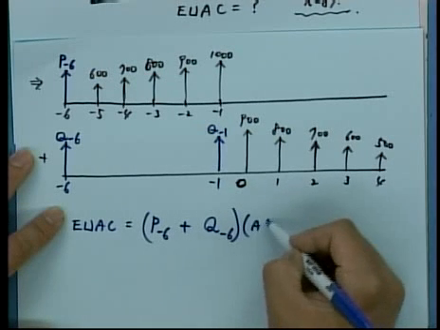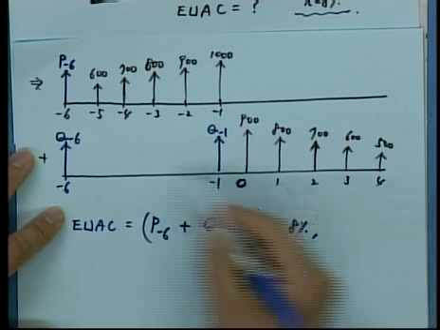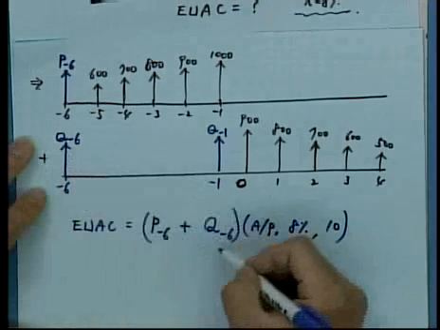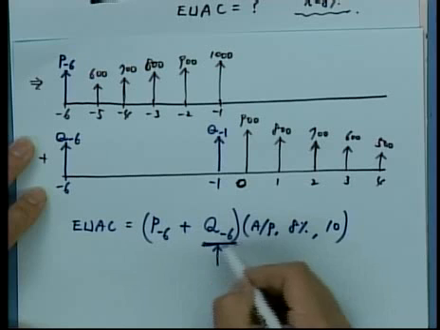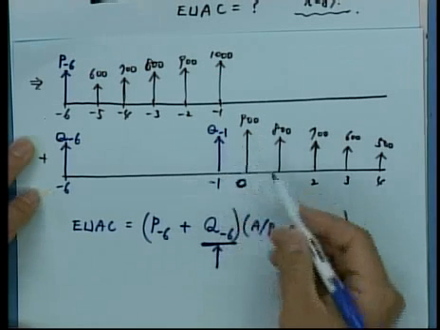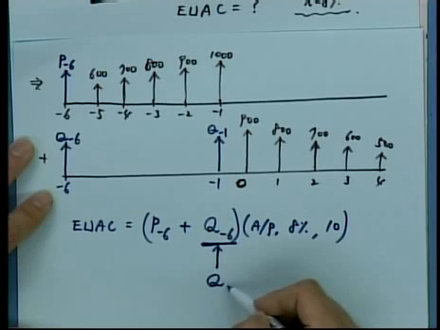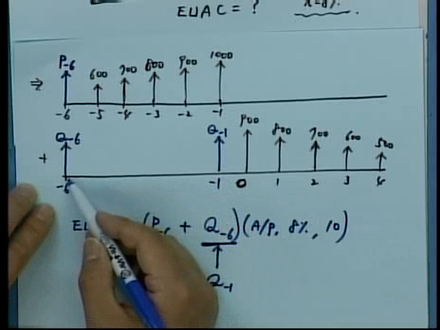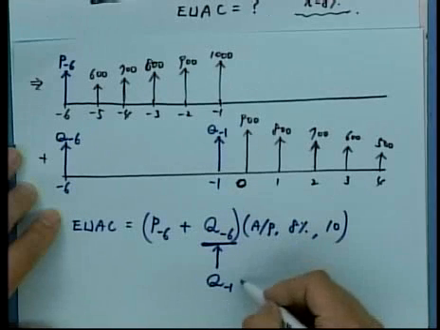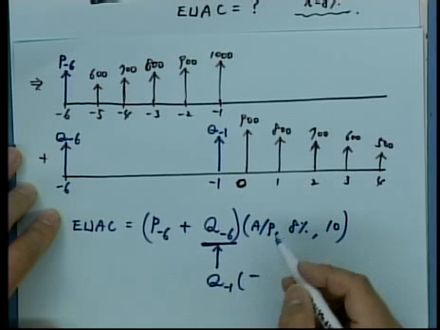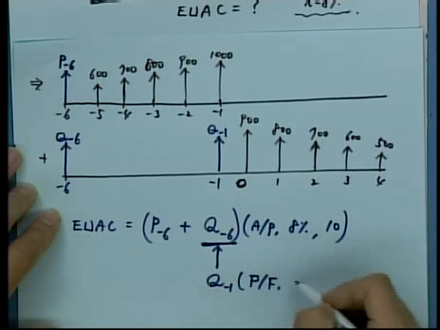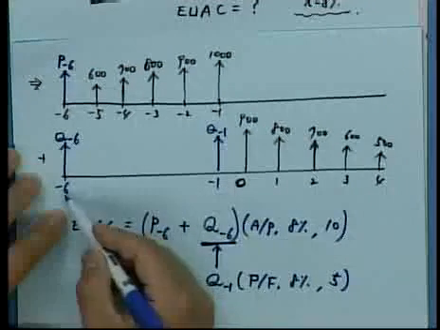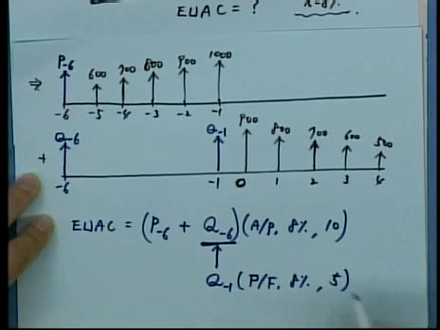Times A given P, 8% over 10 periods. Is that correct? Of course, Q sub negative 6 can be obtained by converting Q sub negative 1 to the equivalent present sum of money, right? Times P given F, 8% over 5 periods. Negative 6 through negative 1 as 5 periods. Okay?